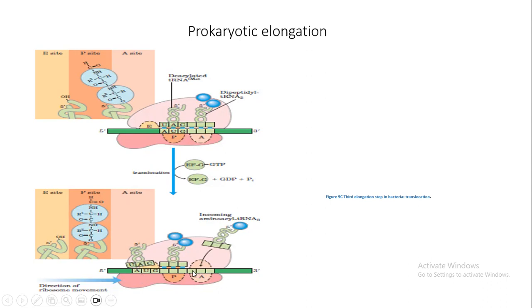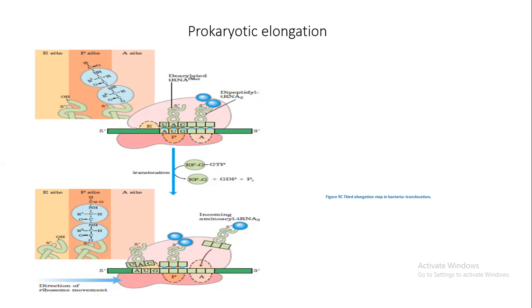The A site is now empty and it will allow entry of a new amino acid transfer RNA-elongation factor TU-GTP complex, allowing codon-anticodon interaction, which will allow binding of the amino acid transfer RNA at the ribosomal A site.